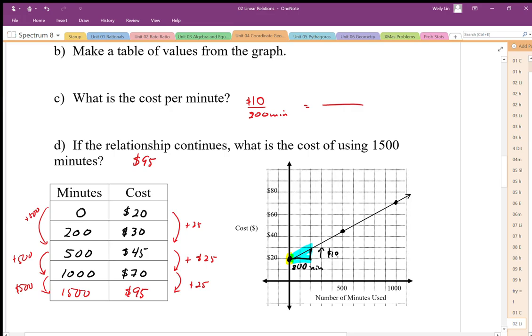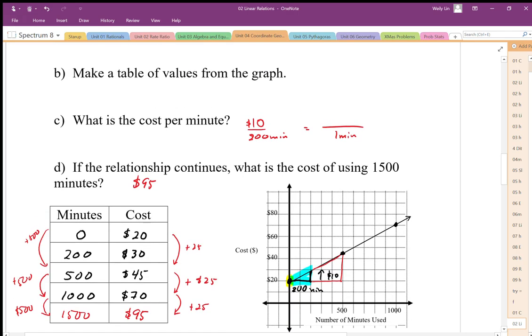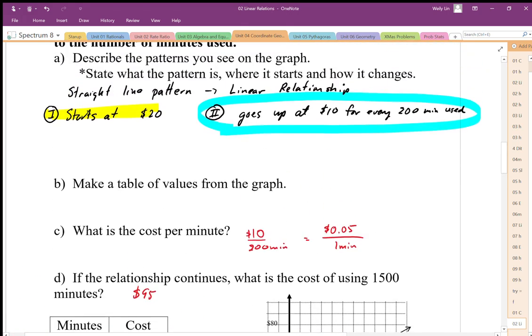This is just going to make proportional triangles. If I want to make this a proportion, then I only want the unit rate, 1 minute. How do I find unit rates? I divide. So I'm going to end up with 5 cents per minute. So our cost per minute ends up being 5 cents per minute. And I see a rate in here, and I can simplify that rate as well.